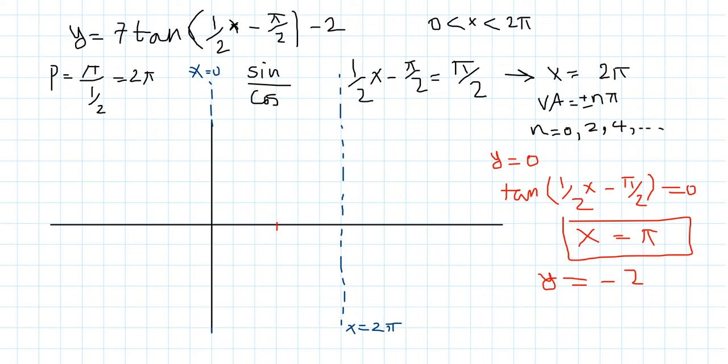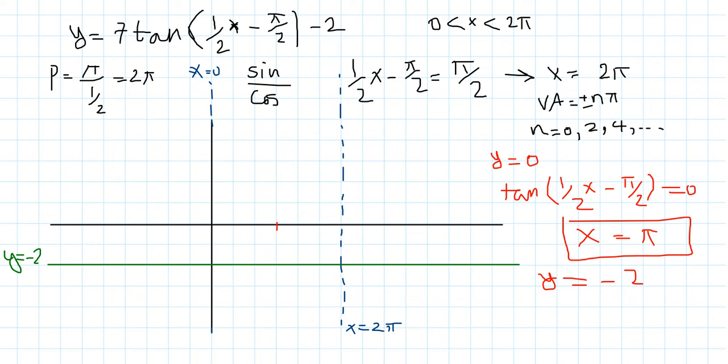at y equal minus 2. Because here, if x is pi, it is tan of 0. Tan of 0 is 0. 0 minus 2 is minus 2. So my graph should come to y equal minus 2. It is my new axis at y equal minus 2, because y cannot be 0 because of this shift.